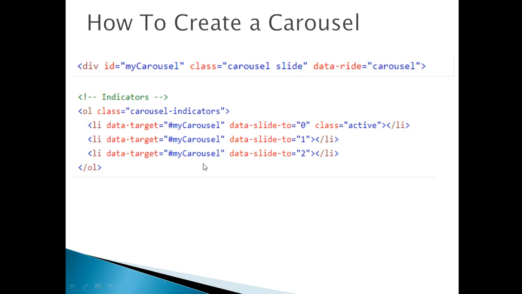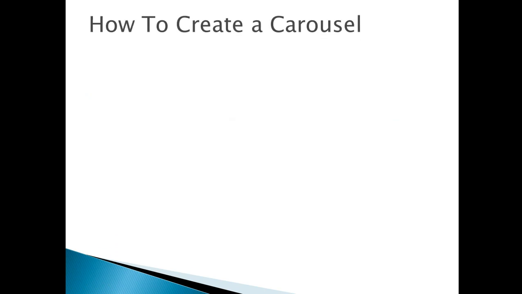What is data-slide-to? It is an attribute that specifies which slide the carousel view should go to. As simple as it is, and we can create as many as we need by creating li items. We'll create them line by line in the practical side.